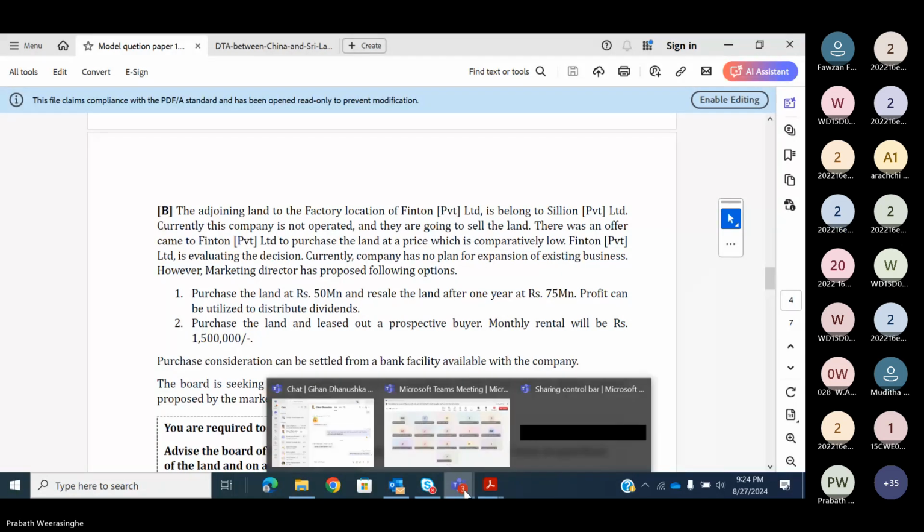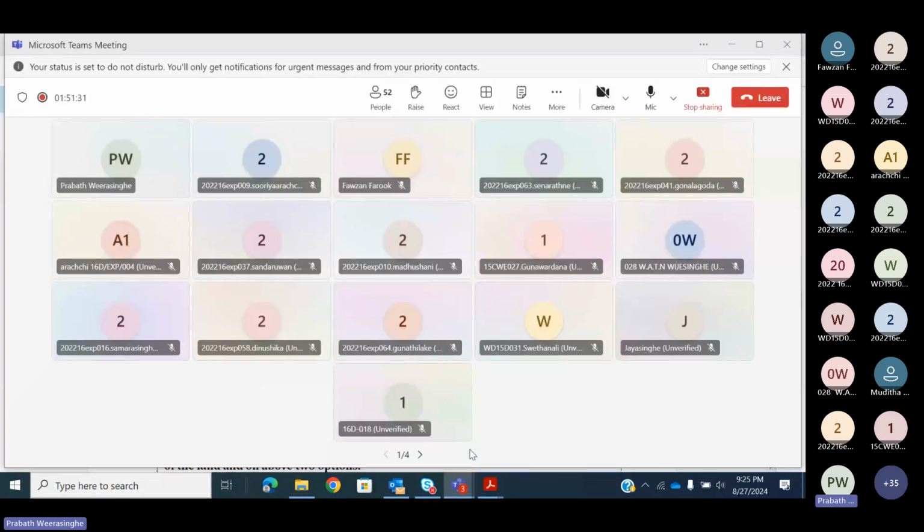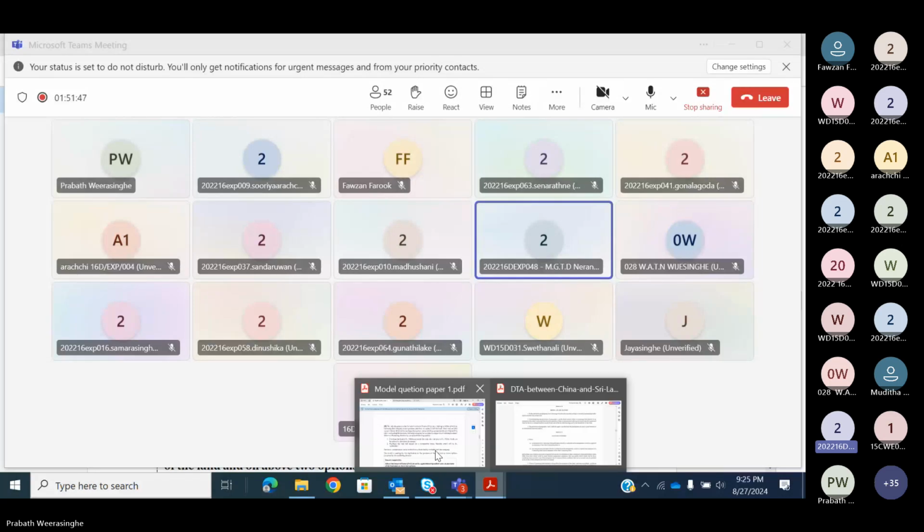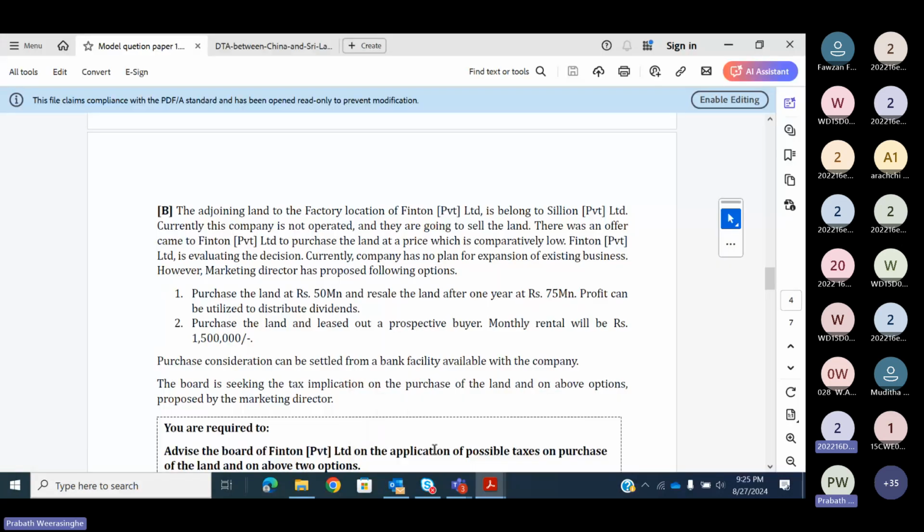Excuse me, sir. In this model paper, in the computation of the income tax liability of the company, if there is treasury bill interest income, we will say there is an amount. So can we deduct WHT, sir?